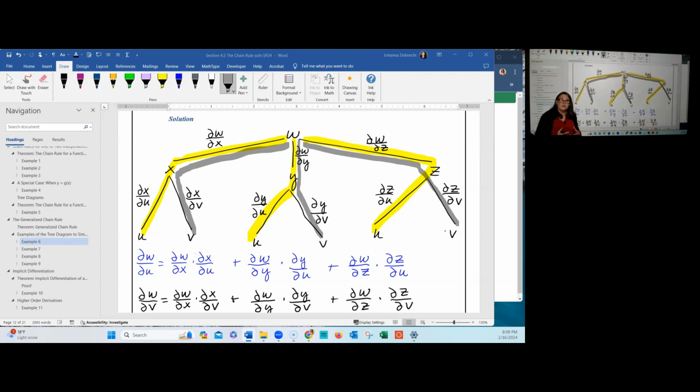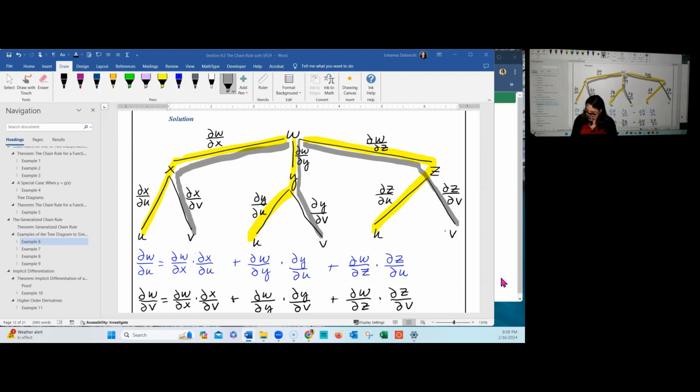To find the formula for the chain rule, to find the partial of w with respect to v, go ahead and follow the gray paths that are highlighted above, leading to all the leaves at the end labeled v. This gives us the same expression as we had previously, but in the second partial factor, it's with respect to v and not u.